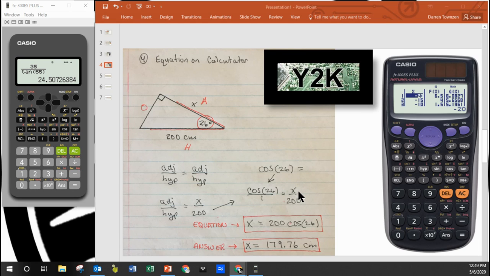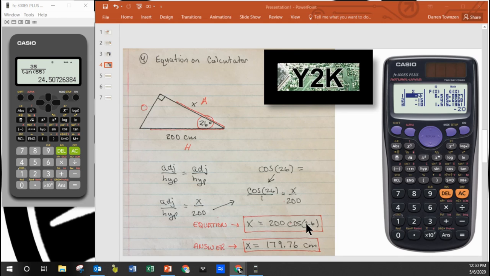So most students think this is an easier problem because there's going to be no division required. So I'm going to multiply 1 times x, which is x right here. And I'm going to multiply 200 times the cosine of 26, and that's 200 cosine 26. It's really important that you put the 200 in front.